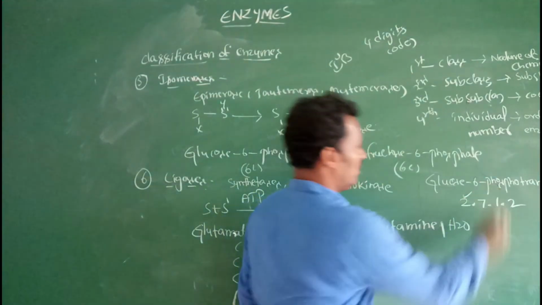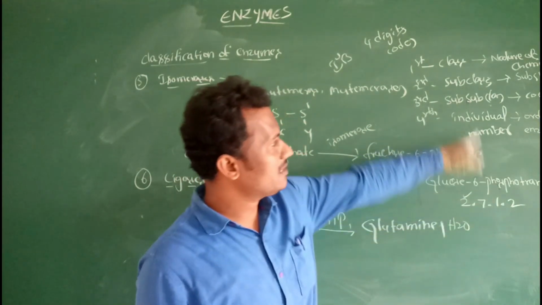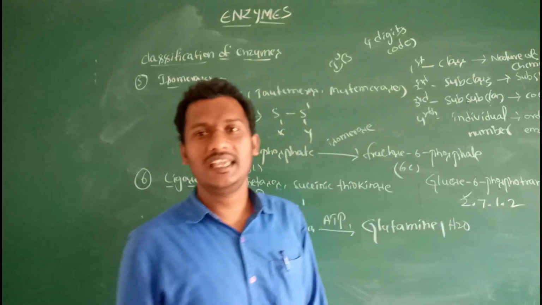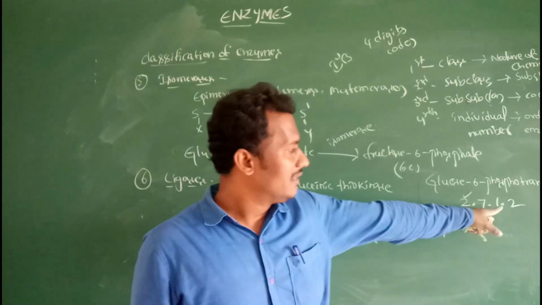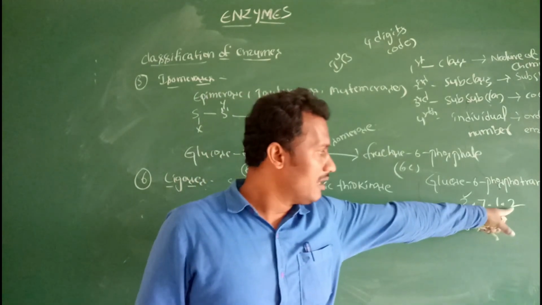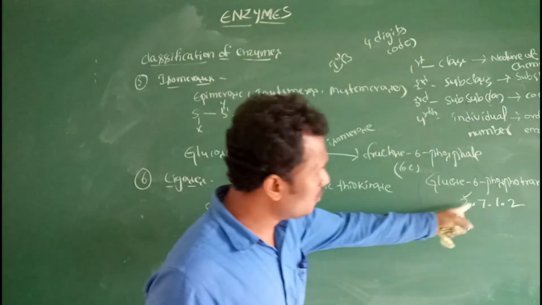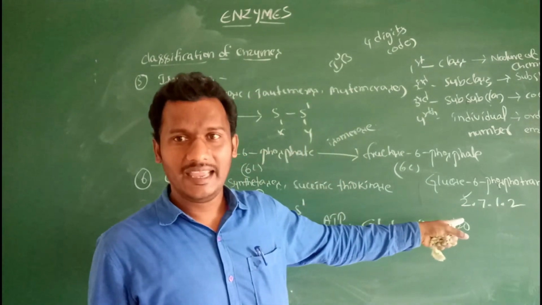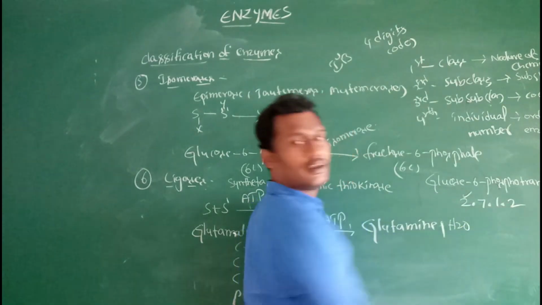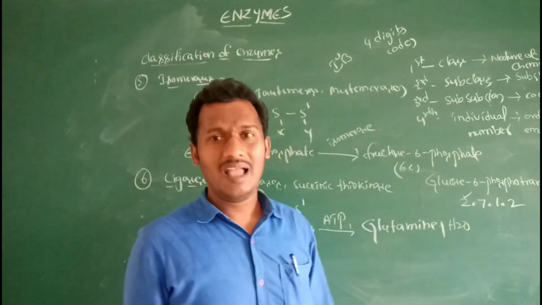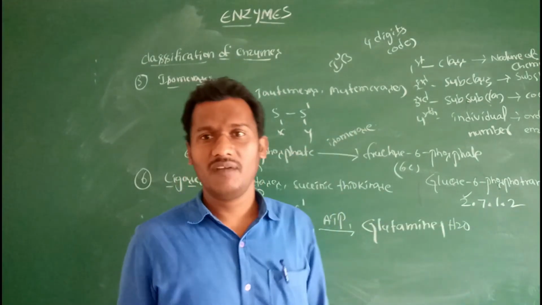So 2 represents the class, 7 the subclass, 1 the subclass, and 2 the serial number of the enzyme. That is the nature of the chemical reaction, the nature of the substrate, the nature of the non-protein part, then the serial number in the subclass. Each digit in the enzyme code is separated by dots. So, classification of enzymes.